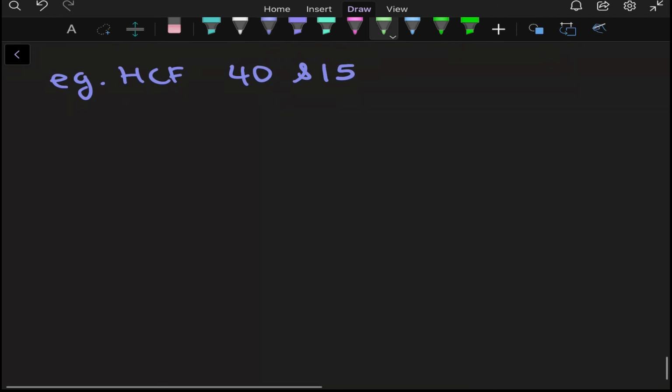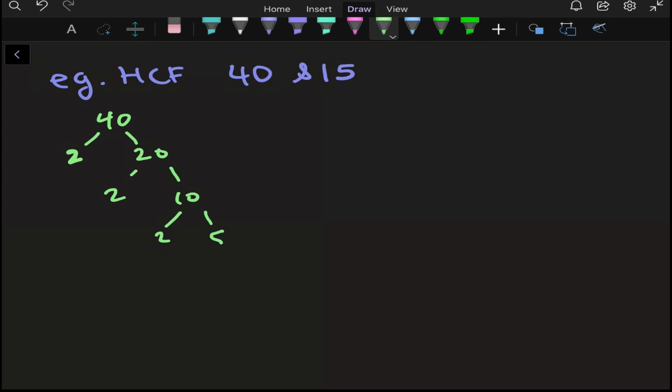So just for fun again, let's work on those factor trees. 40 is 2 and 20, 2 and 10, 2 and 5. And 15 is 3 and 5.